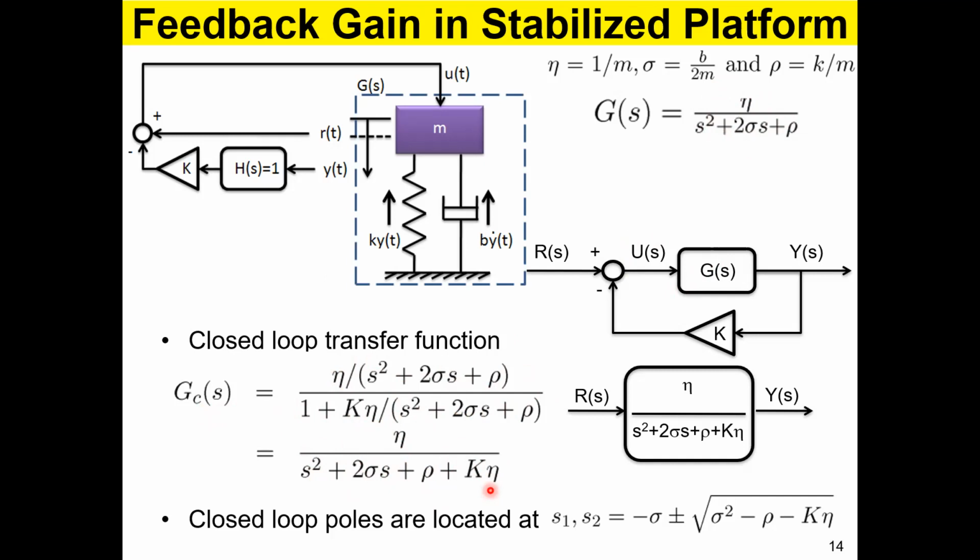Now, where are the poles of the new control system, the closed loop transfer function? You set the denominator to 0, and your poles are minus sigma plus or minus the square root of sigma squared minus rho minus K eta. These are the solutions.